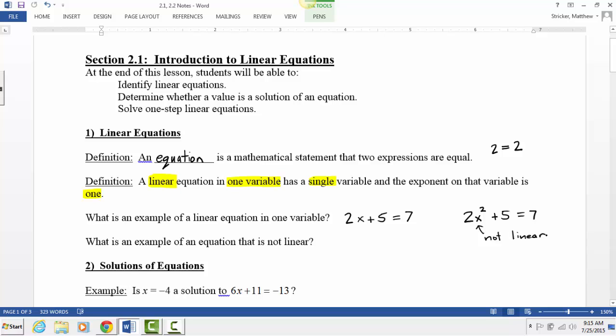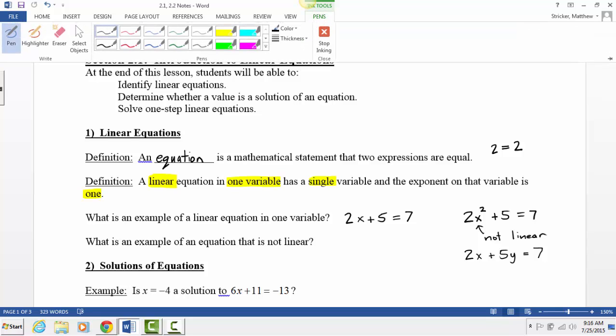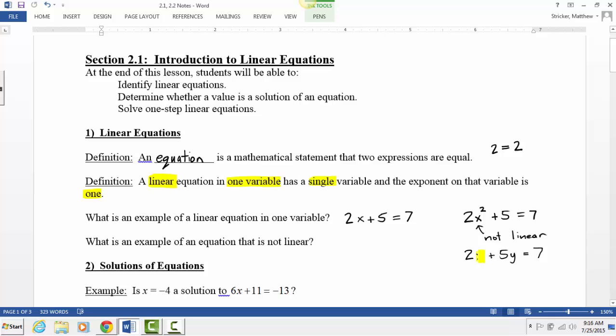What about this one? 2x plus 5y equals 7. Is that a linear equation in one variable? Well, it turns out it is a linear equation, but it's not a linear equation in one variable. There are two variables, an x and a y.